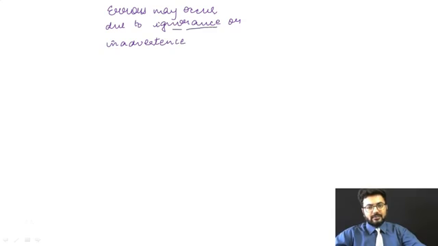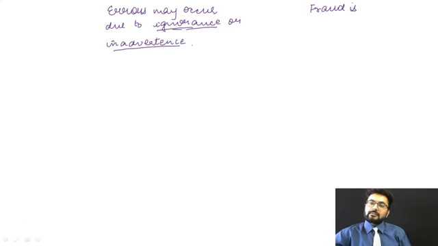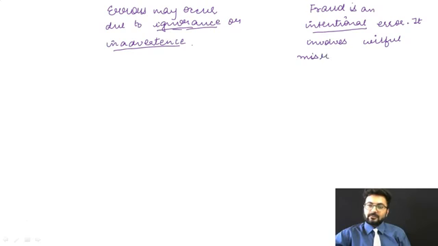That might be because you have just ignored it, or else you were innocent. In your innocent manner, they might have occurred. But fraud is an intentional error. It is done intentionally. It involves willful misrepresentation.